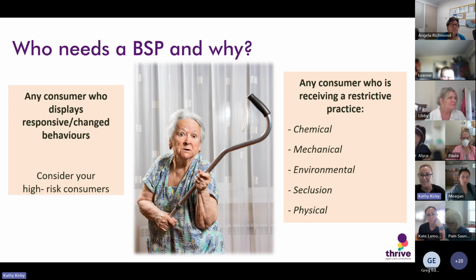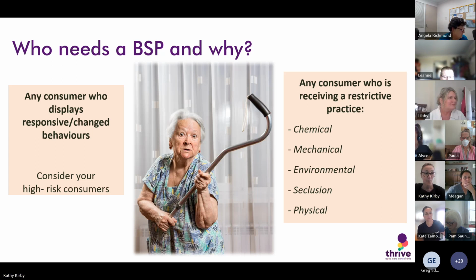In aged care, if that's the setting we're talking about today, any consumer who displays those challenging behaviours and any consumer who is receiving a restrictive practice. When we're talking about restrictive practices, we're talking about a person who's receiving chemical restraint, mechanical restraint, environmental restraint, seclusion, or physical restraint.